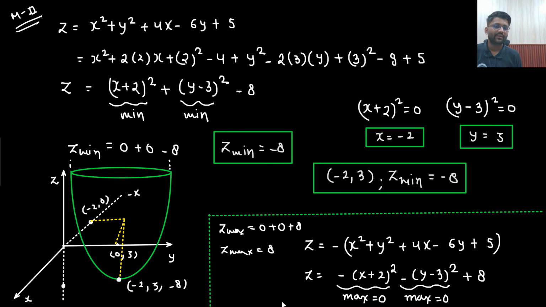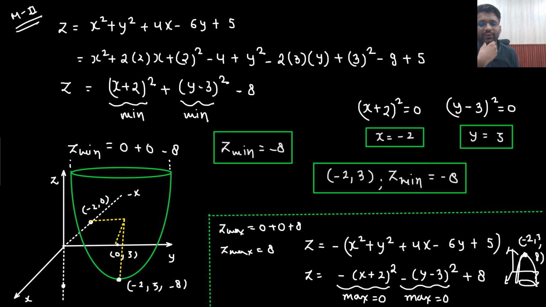So what will happen? The point would remain the same, but this point would go upward. What kind of paraboloid would you get? This kind of paraboloid you would get. It would be there at 2 comma 3 only, but the value will become plus 8 this time, right? So this point will go to plus 8, and this bowl kind of structure would look downward.